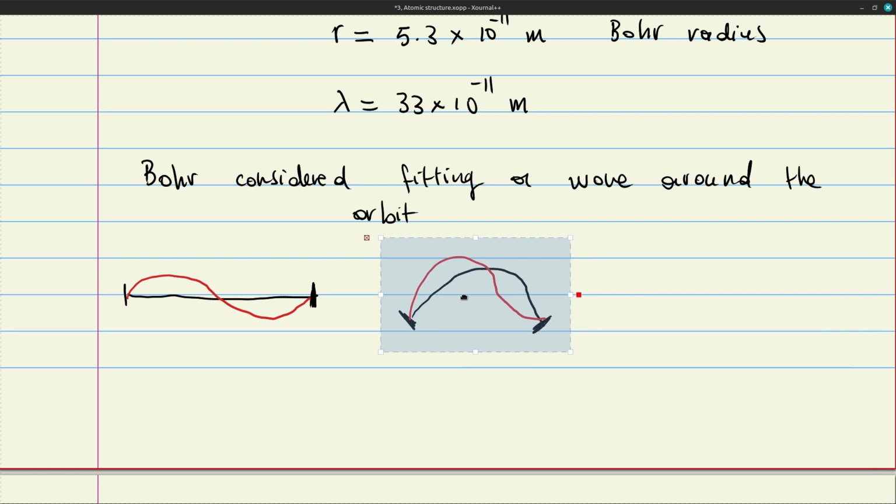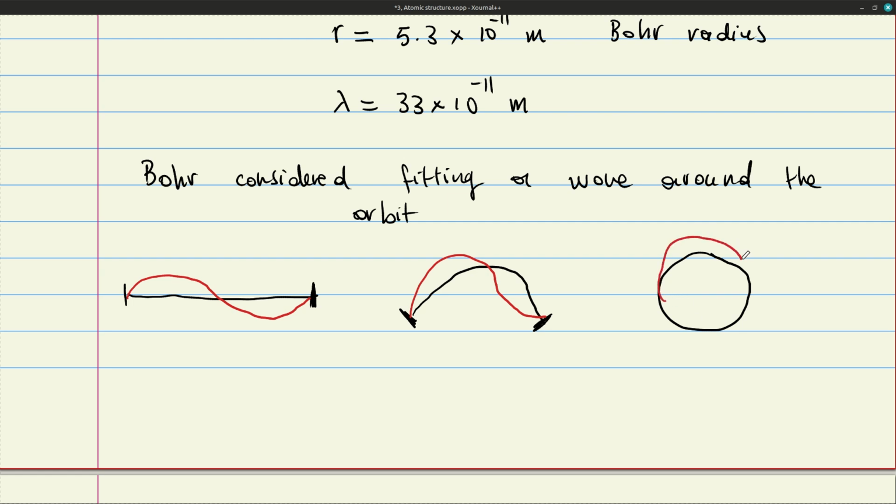And in the second stage, I think you can see where I am going. I can complete the circle, something like that. And this is the orbit. And the wave I'm going to fit is something like that, right? If that confuses you, you can just break it from here and open it up. It's going to bring you back to this picture.